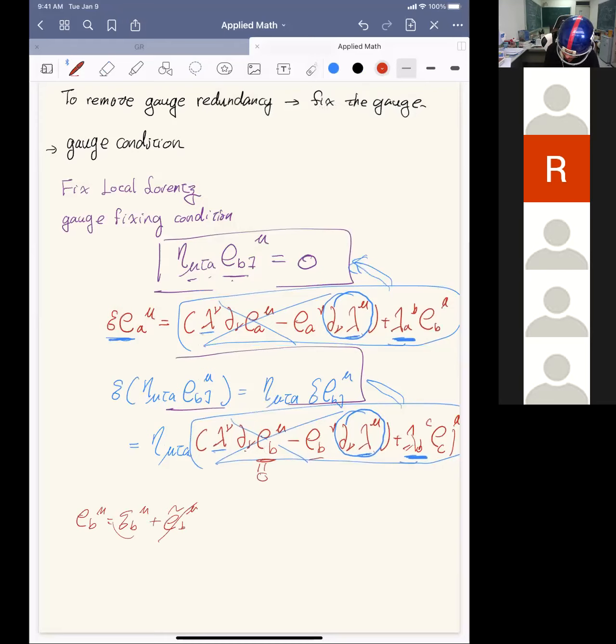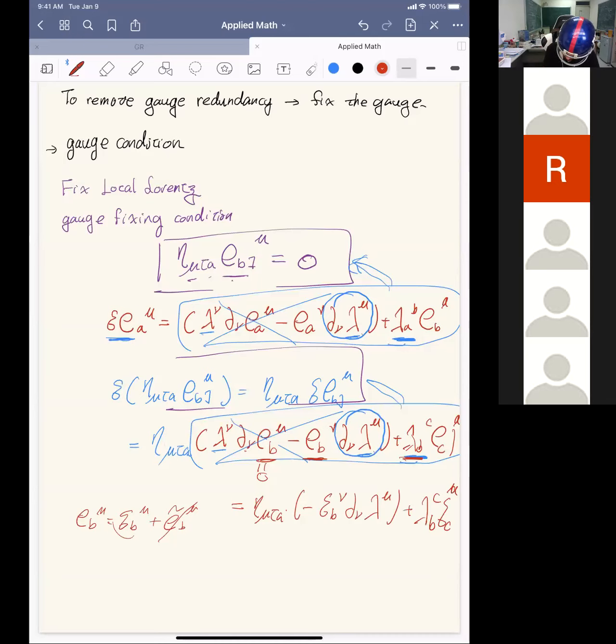So you really only have these two terms here, and therefore you're going to have equal to eta_{mu a} times minus delta^b_nu partial_nu lambda^mu times lambda_{bc} delta^c_mu.